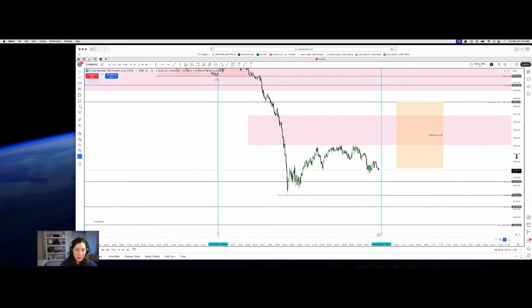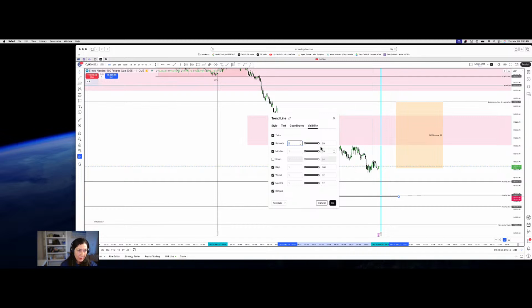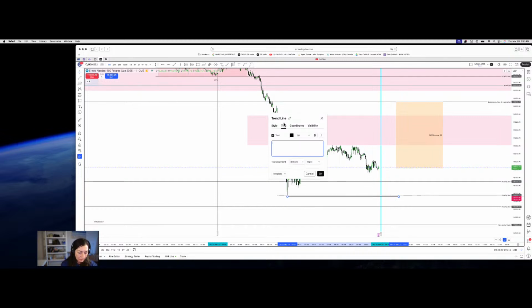Where would price be interested in moving down to? Price could move down to the swing low here, so I'm just going to mark this, a sell side. I'm just going to put a 1 so that I know it's on the 1 minute.